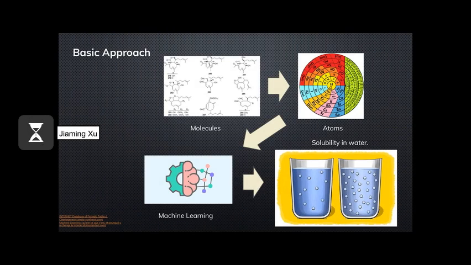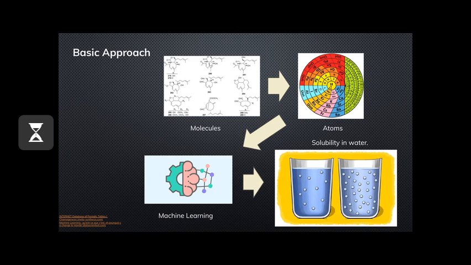The goal is to predict the chemical solubility in water by only using their structure as input. Based on these structures, we can calculate the number of different atoms. And based on these different types of atoms, we can then calculate the hydrogen bond acceptor numbers, the number of heavy atoms, the molar mass of the molecule, or the polar area at the surface of these molecules, and so on.